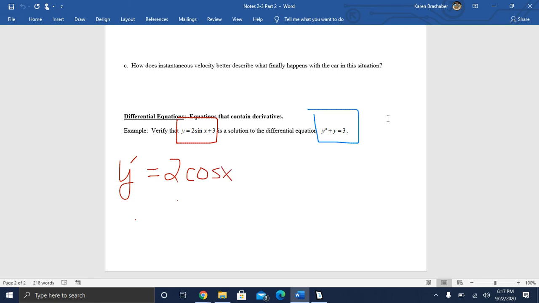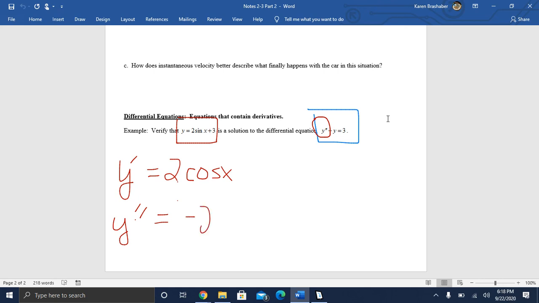So that's y prime. And then you need to do the second derivative because your differential equation has a second derivative in it. So the second derivative would be the derivative of the first one. So the derivative of 2 cosine of x, well, it would be 2 times the derivative of cosine, which is negative.